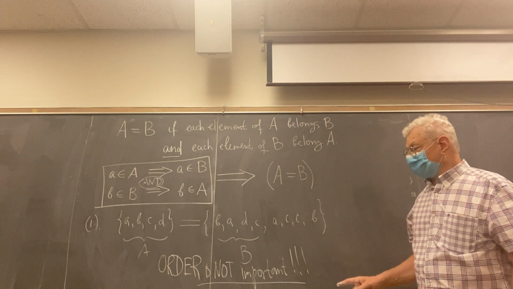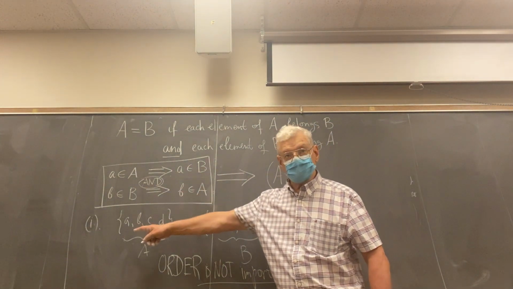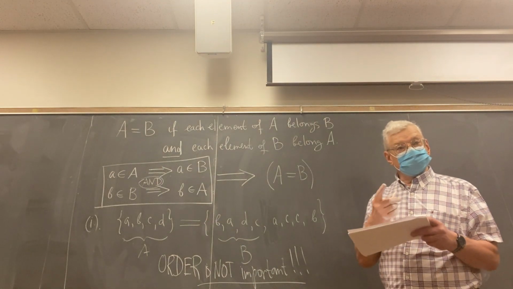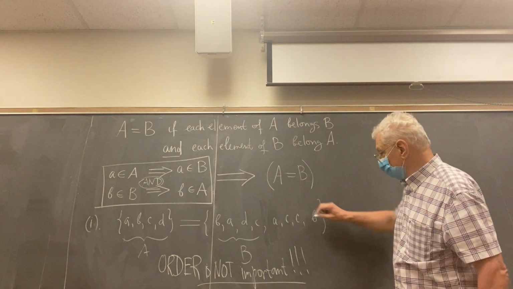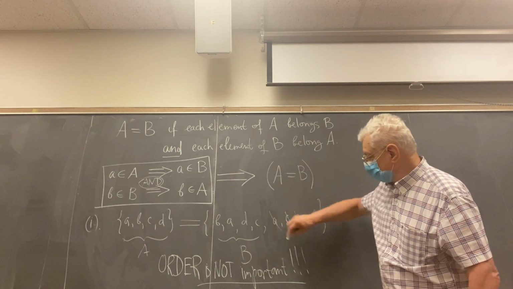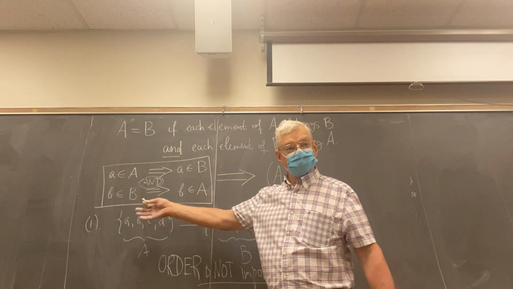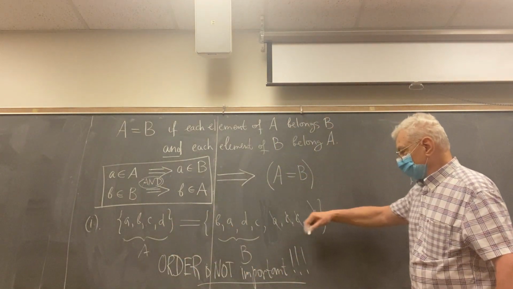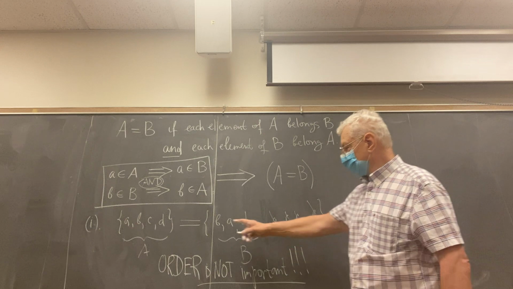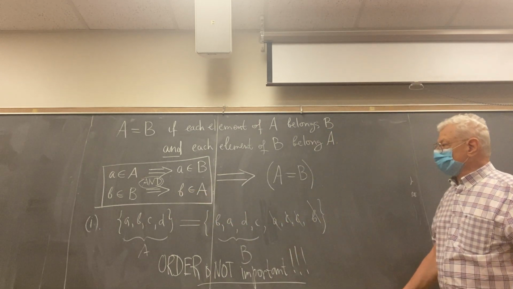Now if I take every single element from here, it will be there as well. That explains why you do not need to write the same letter many times, because it is the same as that one. So each element in here is in there, each element in here is in there. So that's it.